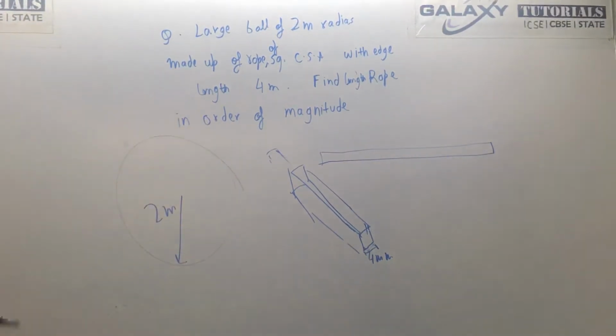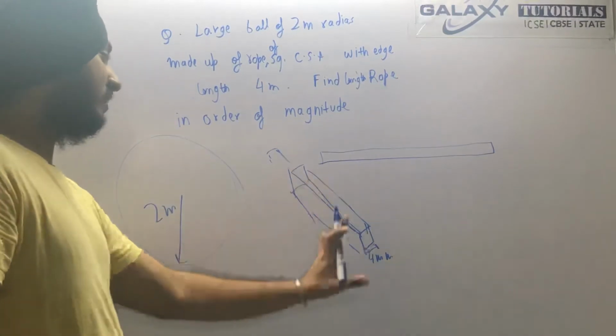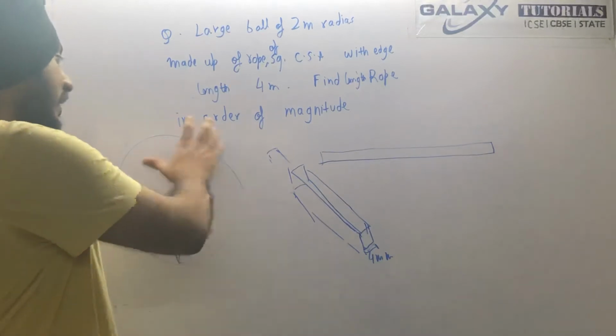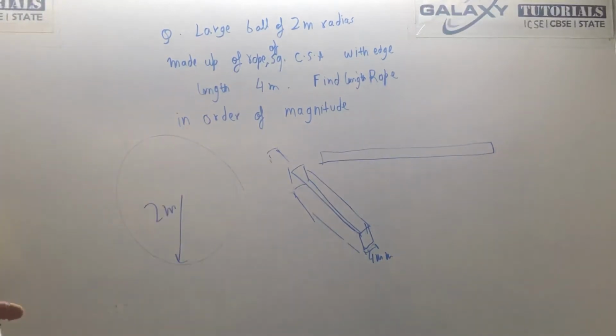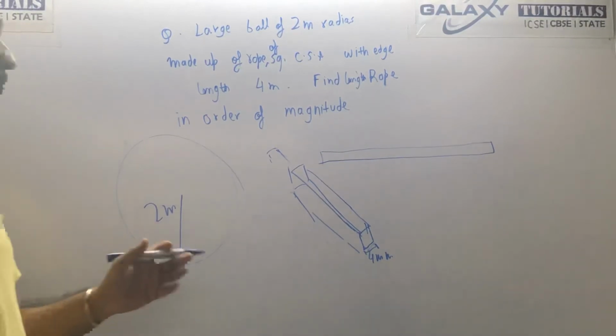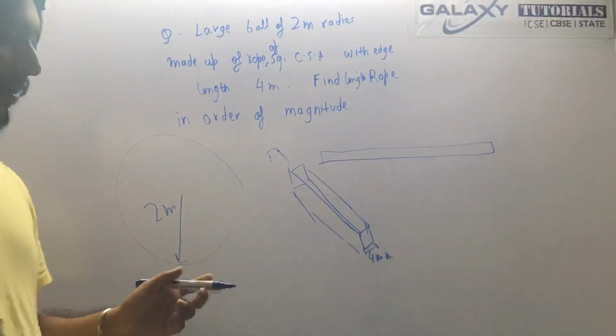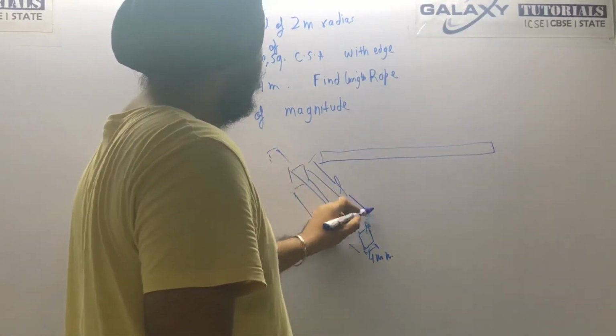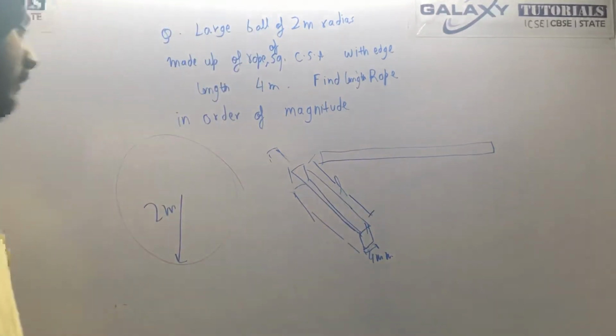They have just knitted the rope into a ball. So whatever is the area of this rope, that will be the area of this ball, because this rope has been used to make that ball. That is a very obvious thing, so we will use that concept. Say L is the length of the rope.